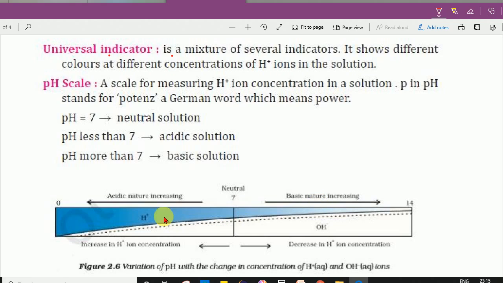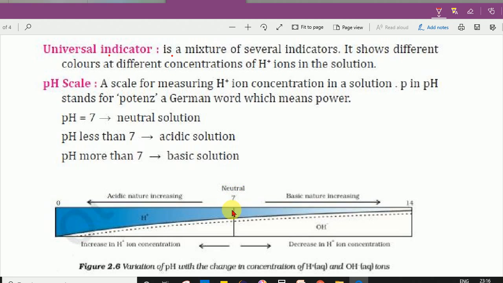Similarly, this pH scale has numbers from 0 to 14. Here 0 does not mean neutral. Here 0 means most acidic, and 14, the extreme right side number, indicates the most basic solution. And 7 in between indicates neutral solutions.